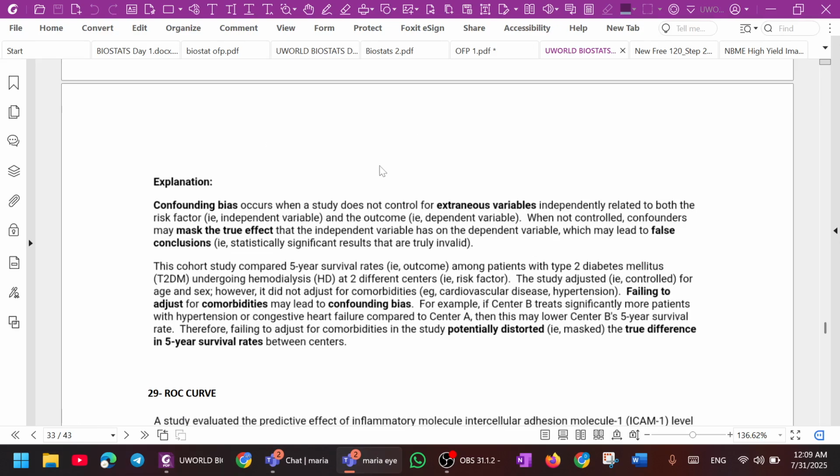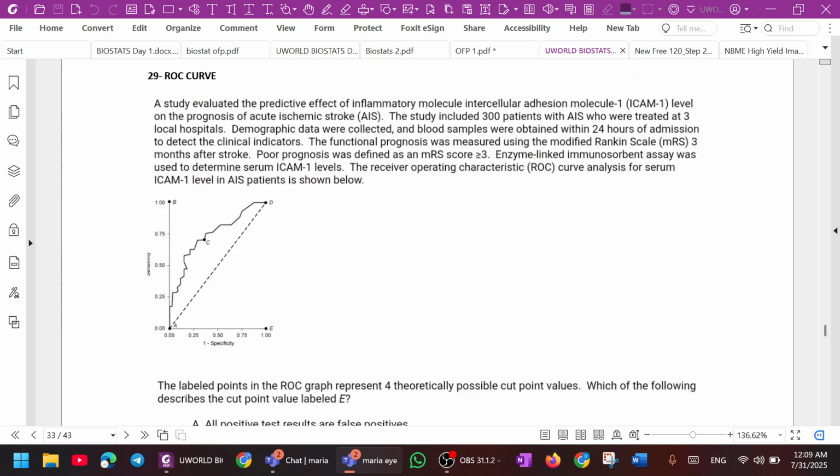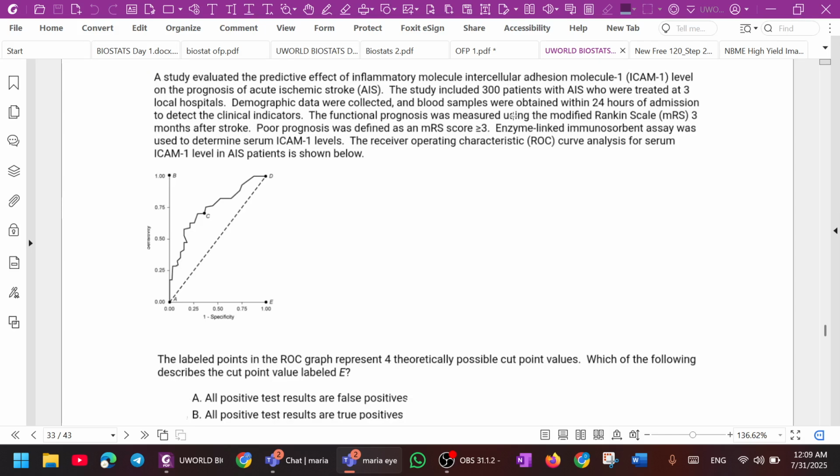Okay. Okay, ROC curve. I can see your screen. Oh, sorry, I didn't share.